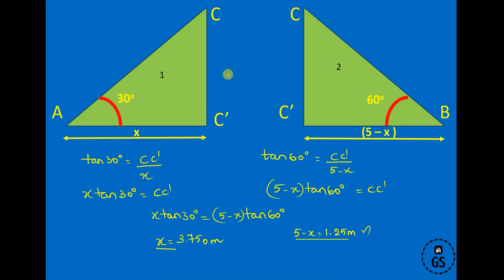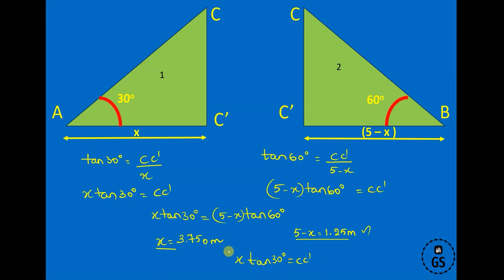Now what is going to be CC dash? You can take either of the two equations: x tan 30 degrees, or 5 minus x tan 60 degrees. In both cases we get CC dash, so I'm going to take the simpler equation: x tan 30 degrees is equal to CC dash.